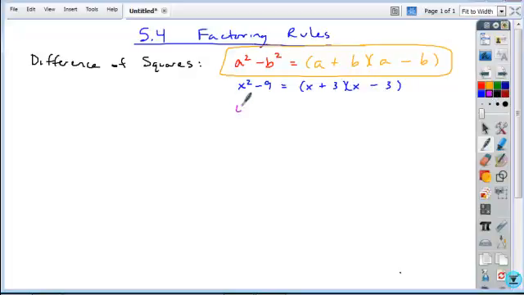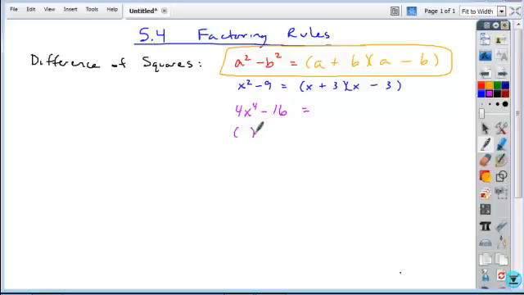If you saw something that looked like this, and you were asked to factor this expression, you could approach it one of a couple ways. One, identify: do you have two perfect squares that are being subtracted from each other?